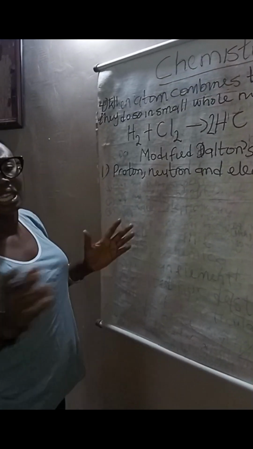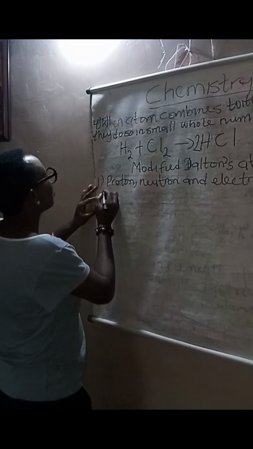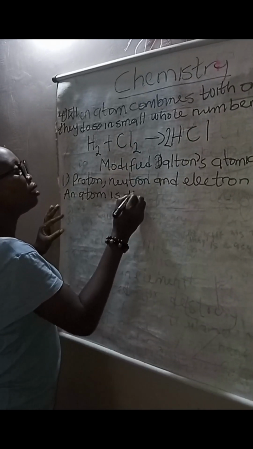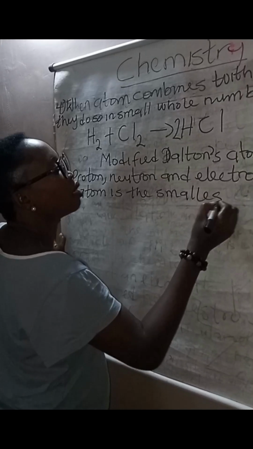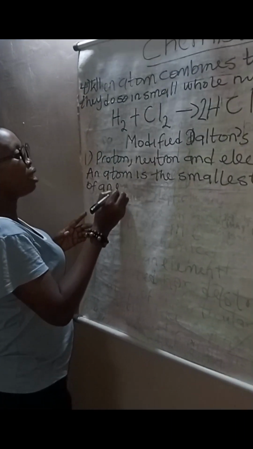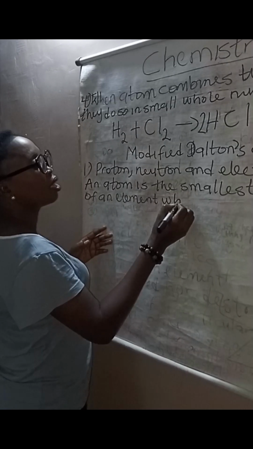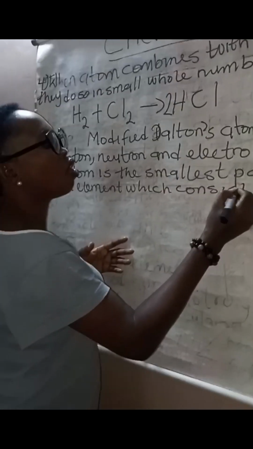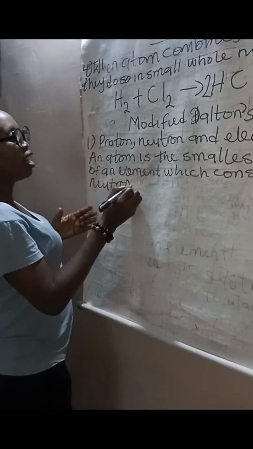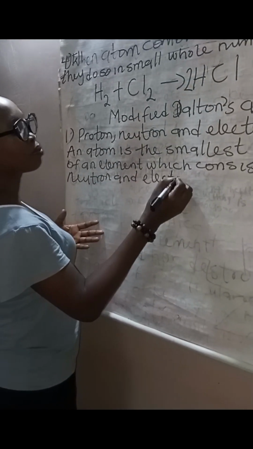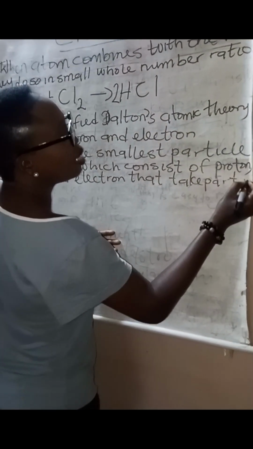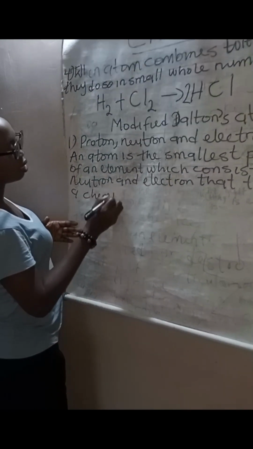He now modified the theory by saying an atom is the smallest particle of an element which consists of proton, neutron, and electron that take part in a chemical reaction.